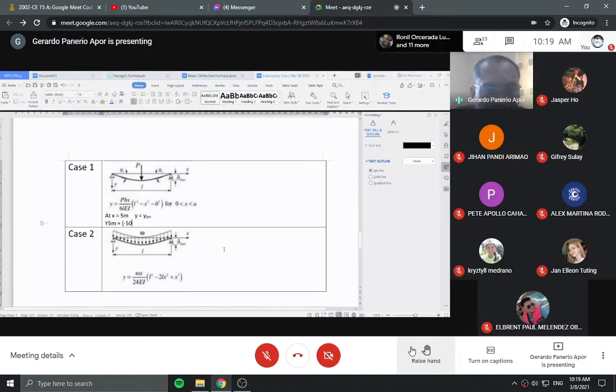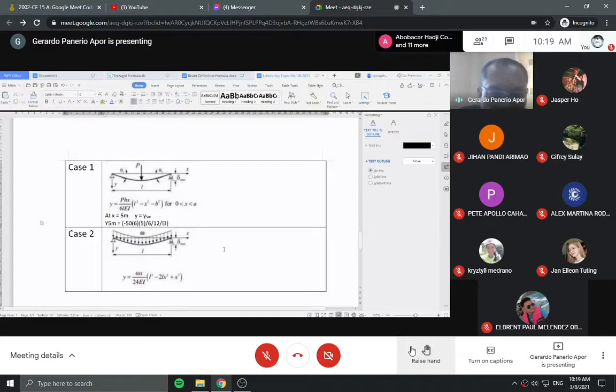Ang B niya is 6 meters gyapon kay naman sa tunga. Ang A ug B equal man, so ang B is 6. Then ang x equals to 5 over, dayon ang 6 divided by 12 again, and then the EI.